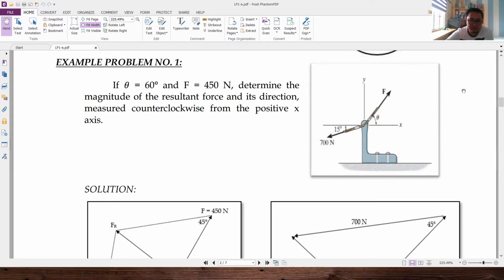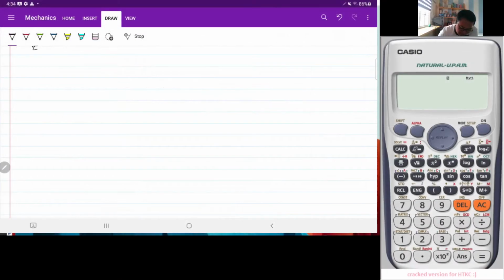Let's draw first the free body diagram. So you have here force F, and you have a Cartesian coordinate.